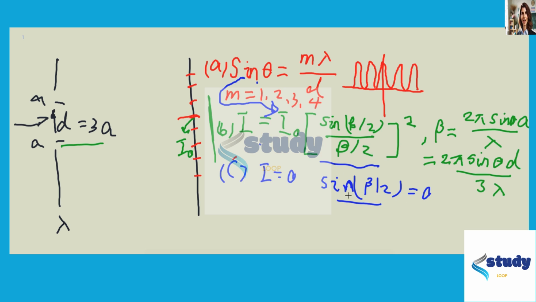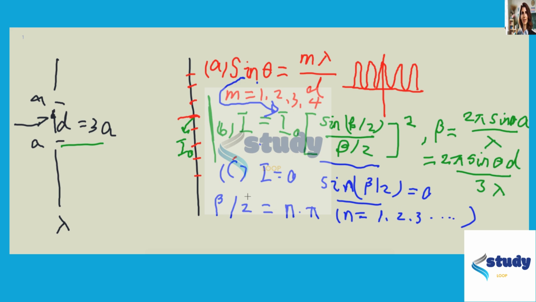If sine beta over 2 equals 0, beta over 2 should be n times pi, and n equals 1, 2, 3, whatever.